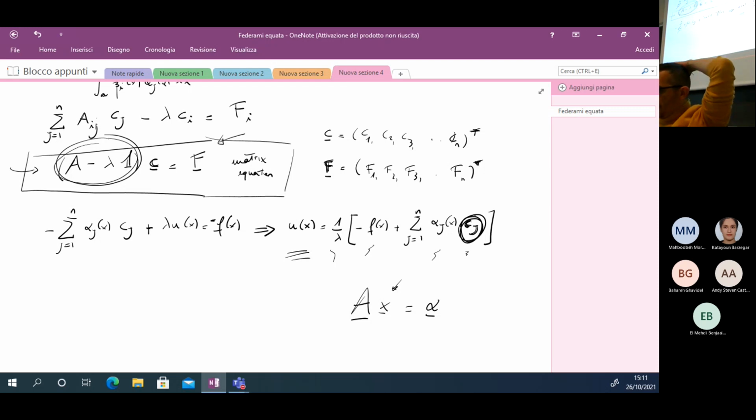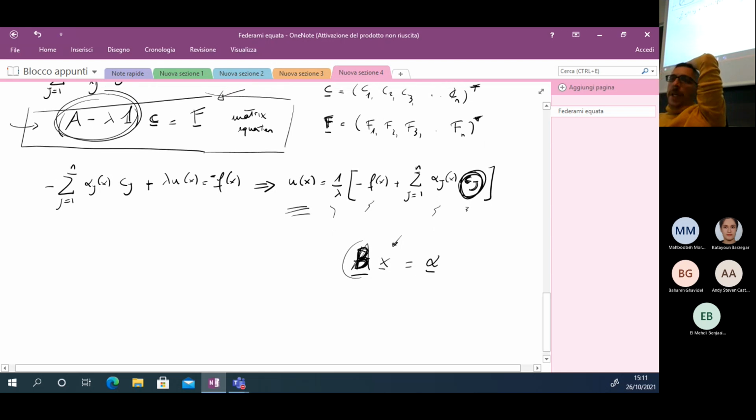Using B, so I do not confuse it with this one, this is some matrix. So if the determinant of this object here is different from 0, there is a unique solution.